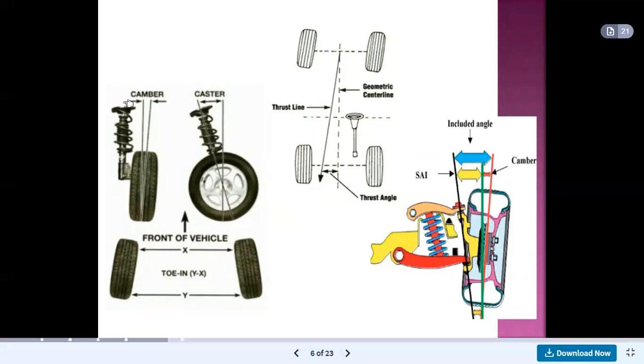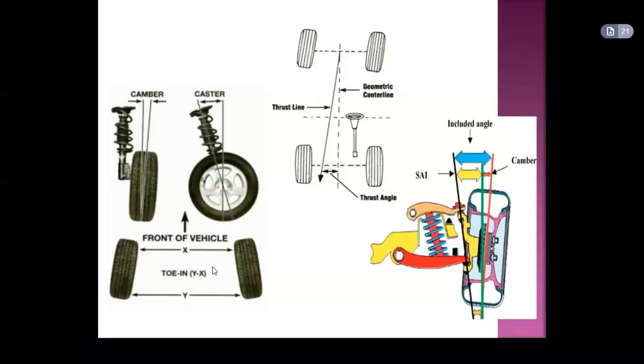If we consider this is the suspension, the angle of the axis of this suspension with the vertical axis is called caster. Then at the front of the vehicle, this is X and this is Y, that is toe-in. So this is the toe-in condition. If the vehicle moves in the outward direction, that situation is called toe-out.